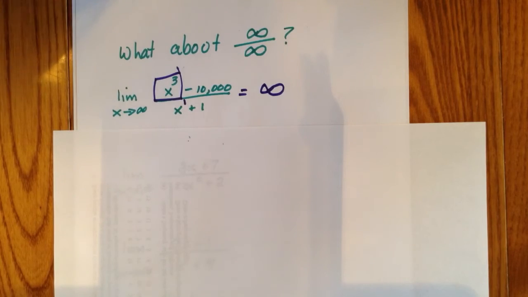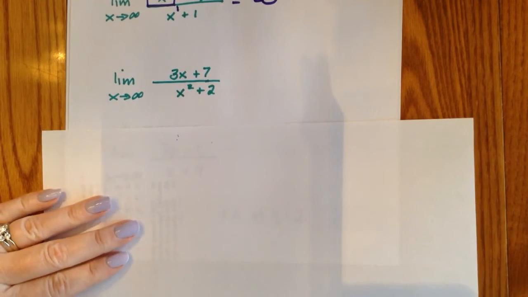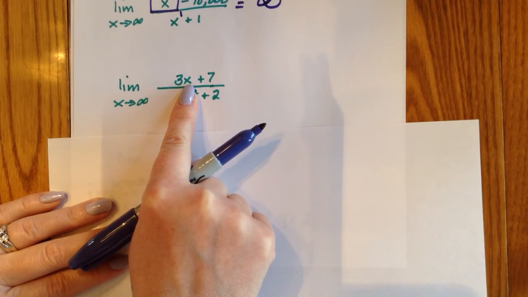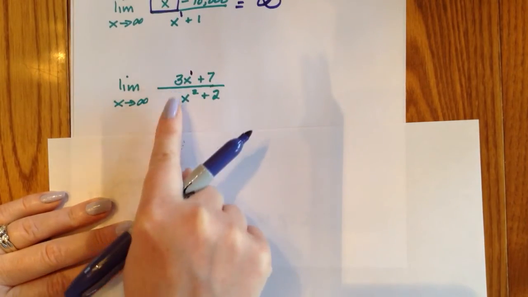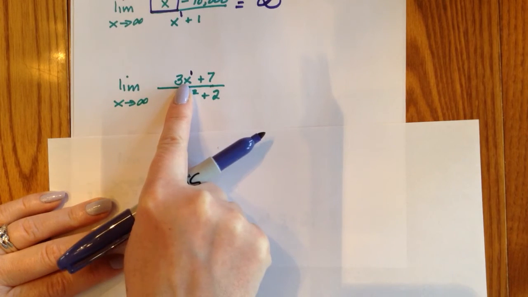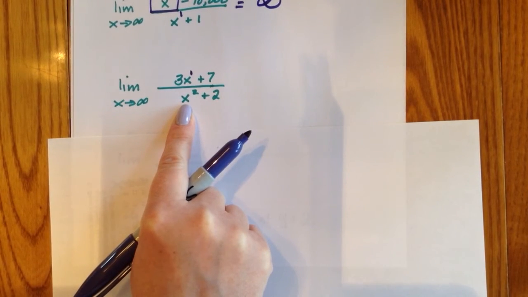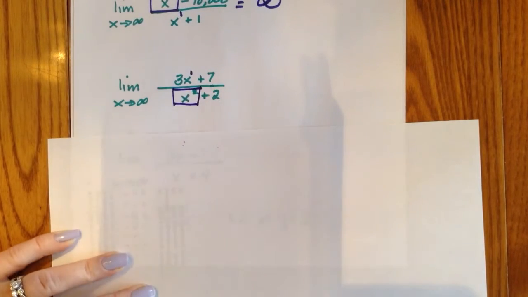All right, let's try another one. Check out this example. Once again, in the numerator, the dominant term is 3x to the first. In the denominator, the dominant term is x squared. So you have an infinite number of pizzas, but at every single pizza, there's going to be an infinite number of people showing up. The dominant term for the whole problem is in the denominator.